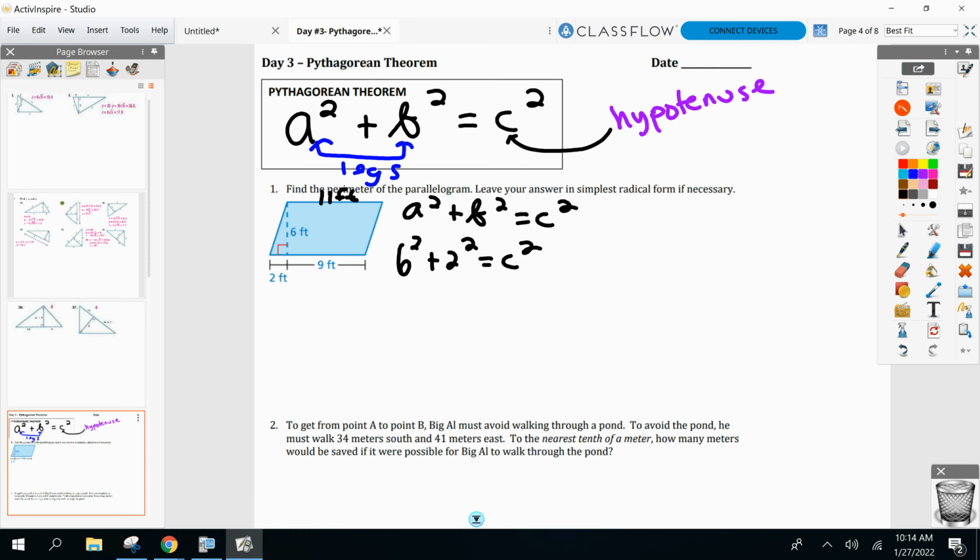Go ahead, keep grinding. Oh, sorry, you're fine, Molly. I meant the class. 36 and 4. C squared equals 40. It says simplest radical form, so break it down for me. Hopefully we're getting better at this, breaking down radicals.